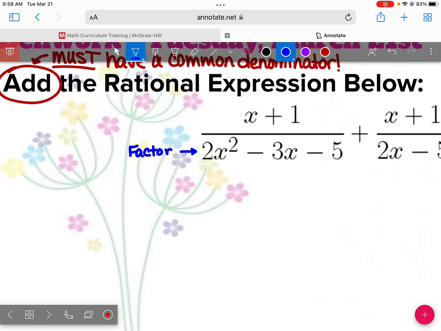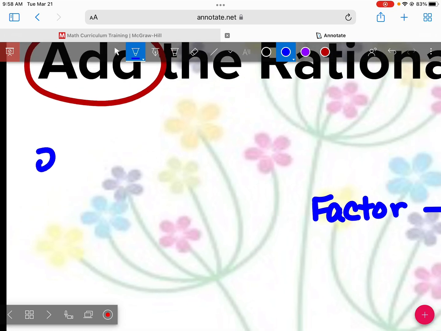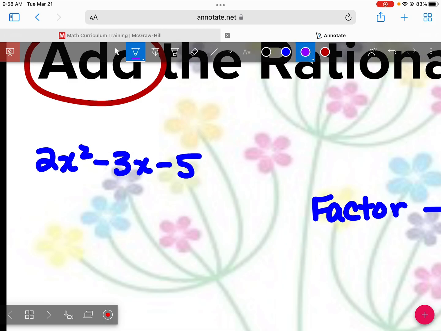All right, so 2x squared minus 3x minus 5. First thing we always check for when we're factoring is what? Greatest common factor. Do we have a greatest common factor, something that goes into 2 and negative 3 and negative 5 at the same time? No, no GCF here.